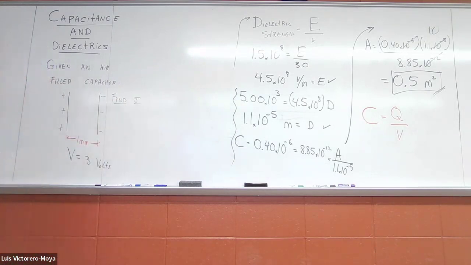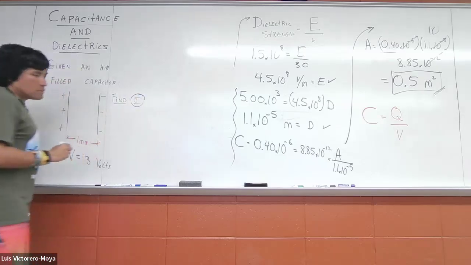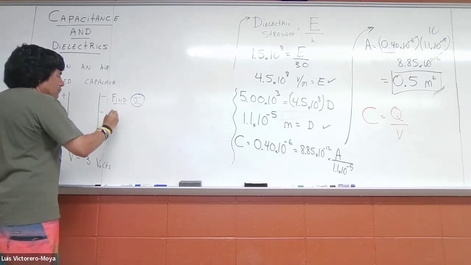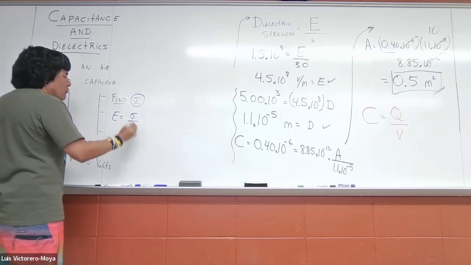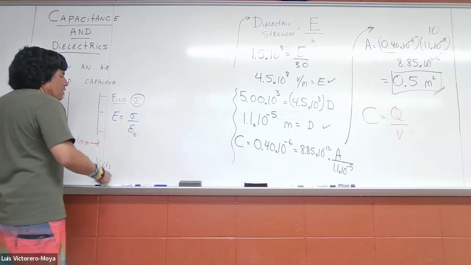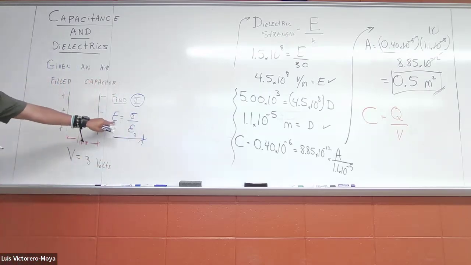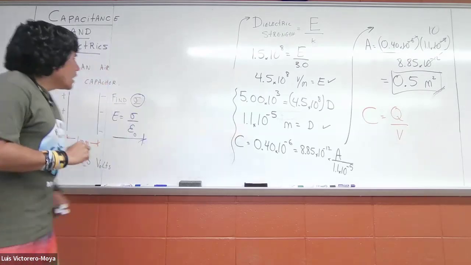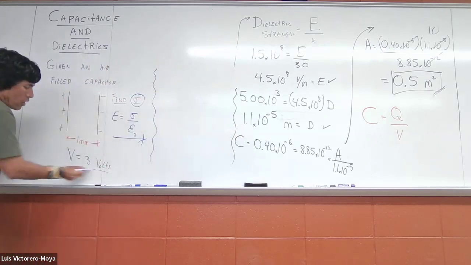All right. If they're asking you for sigma, the only equation that has sigma is the alternate equation for field. Sigma, we know that. So I need to find the electric field. E naught is, I already know. That's easy. I have the voltage.